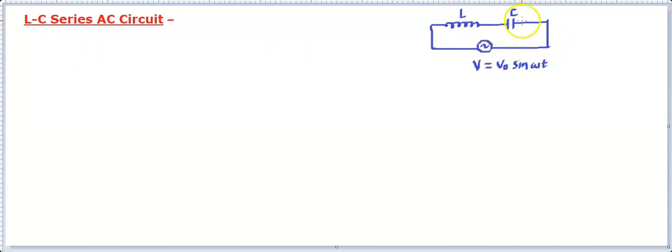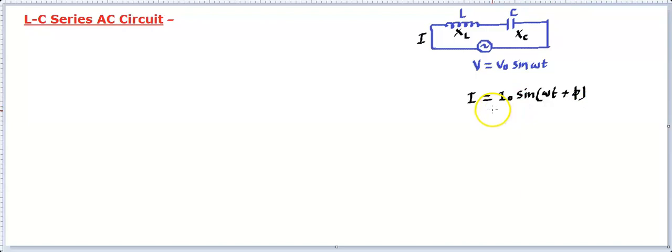So this is the inductor, this is the capacitor, this is the source that is being connected. We will call this XL, that's a reactance. This is going to be called XC, that's a reactance, and the current is I. As we know, the current will be given by the expression I is equal to I naught sine omega t plus phi.